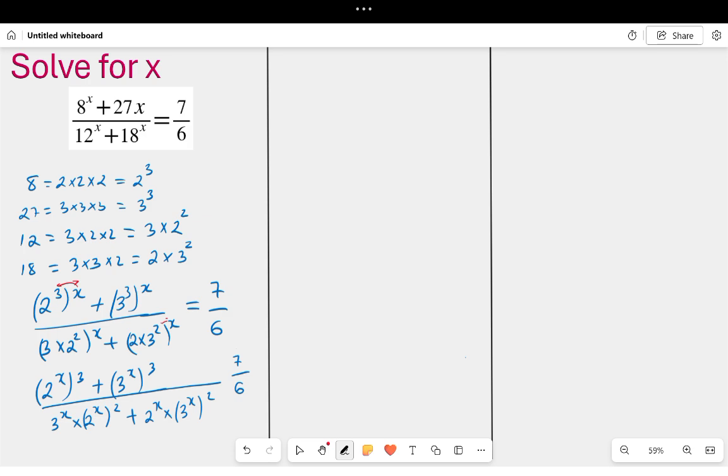Now, our next step, we are going to make some substitutions. So here, this is what we are going to do. Setting a to be 2 to power x and b to be equal to 3 to power x. Now let us write this again.